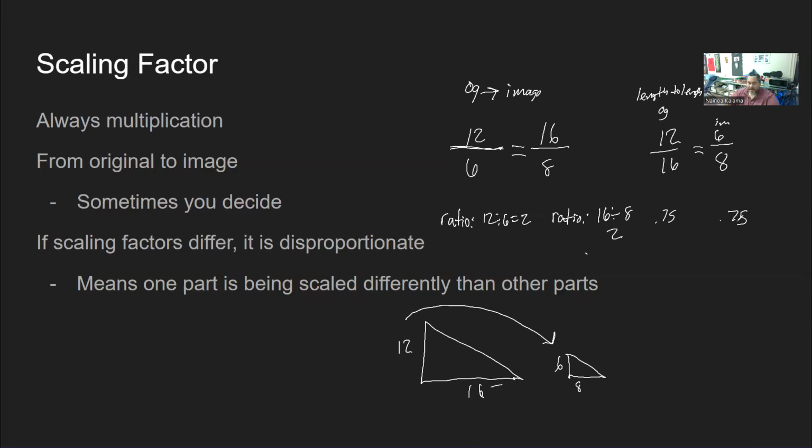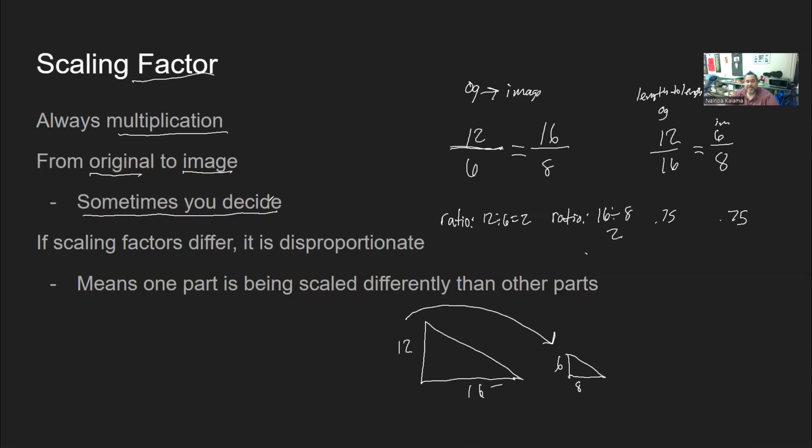Now, we are focusing today on the scaling factor, which always denotes multiplication. I know I talked about division, but that was just to give you the idea that it doesn't really matter which direction you go. But we're going to start moving towards realizing that the scaling factor is always multiplication, and it always goes from original to image, which sometimes you decide.